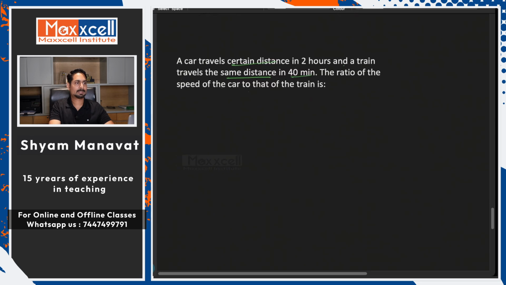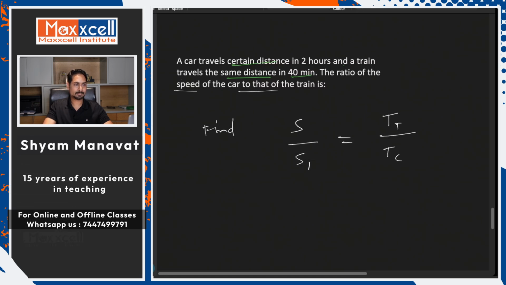Now come back to the question. If I want to find the ratio of speed of car to speed of train, then that should be equal to time taken by train, inverse, by time taken by car.